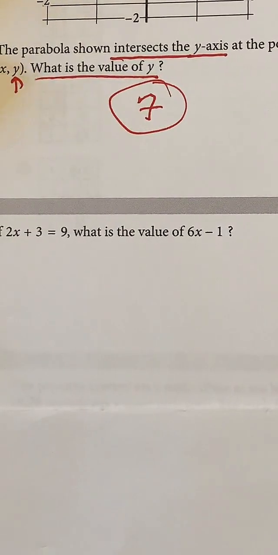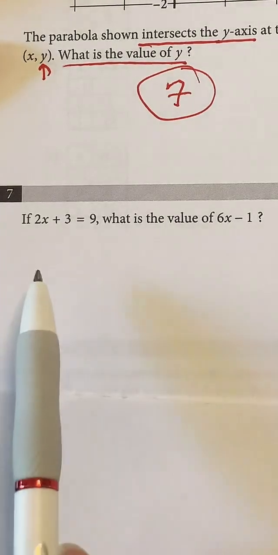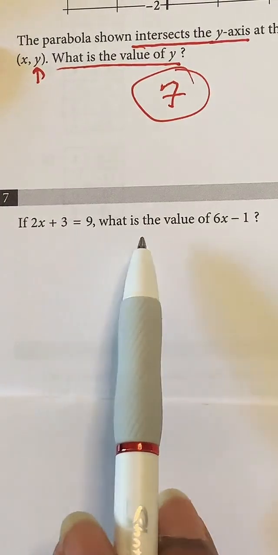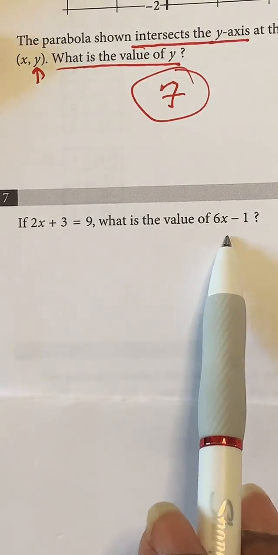All right. So let's do this one, and then we're going to stop to do a quick math tap. So keep on tapping. Let's keep on moving. If 2x plus 3 equals 9, what is the value of 6x minus 1?